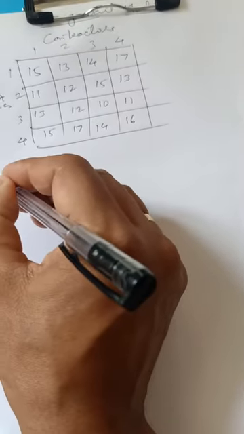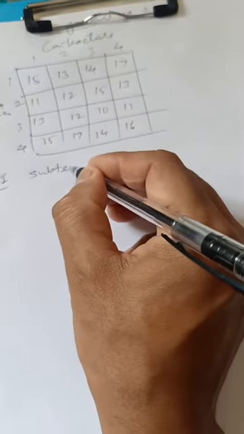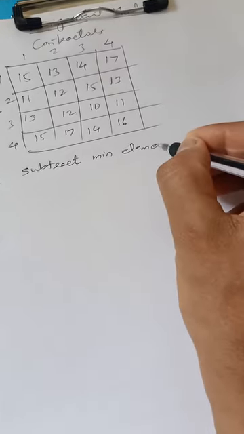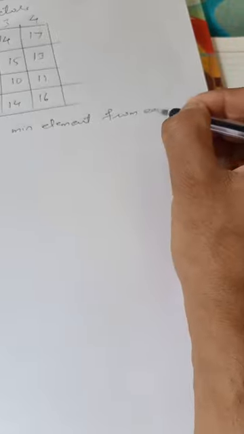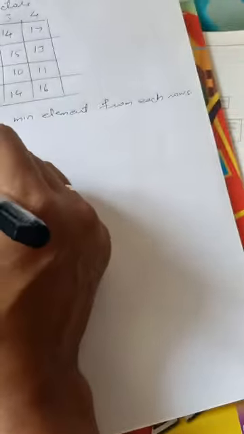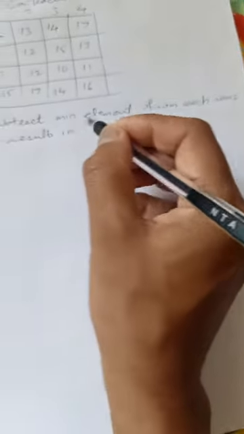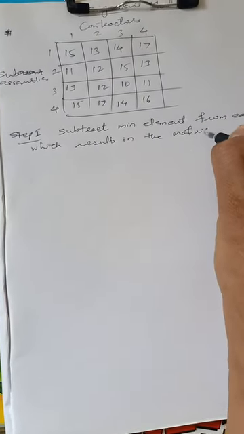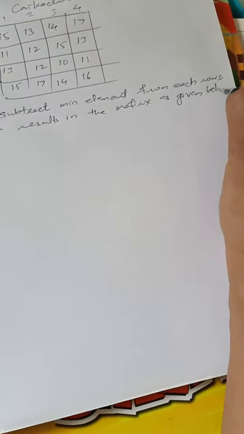Step 1: subtract the minimum element from each row, which results in the matrix as given below.